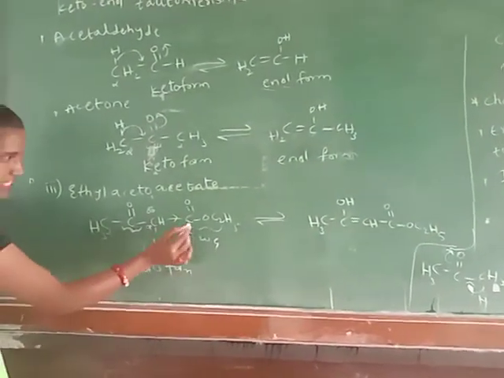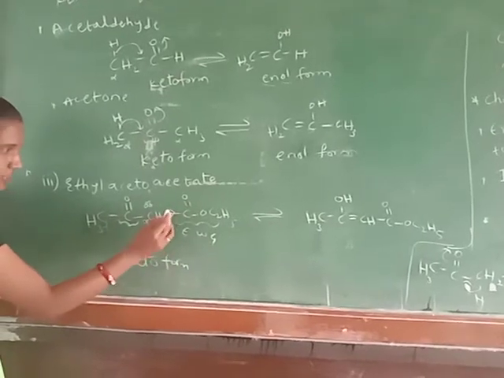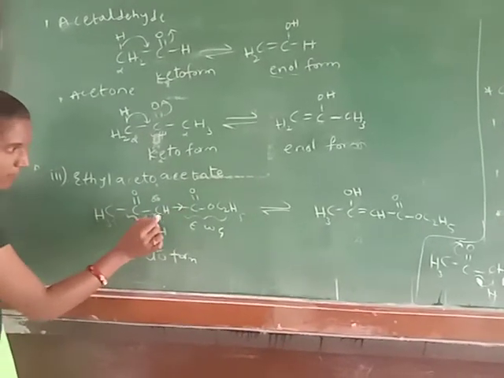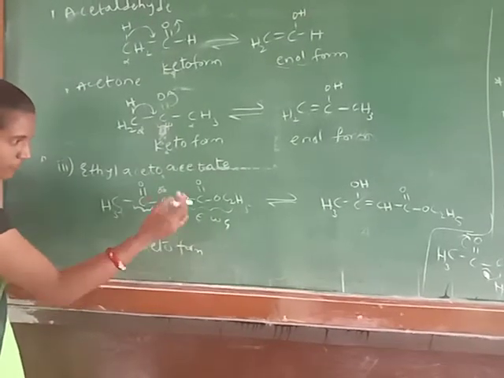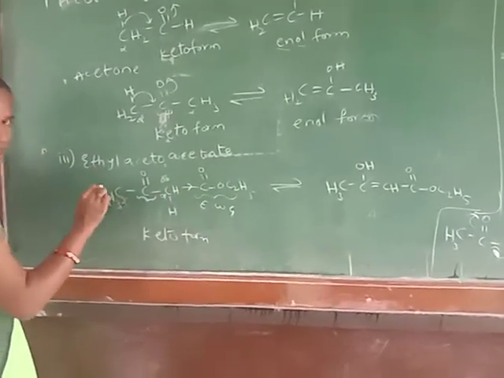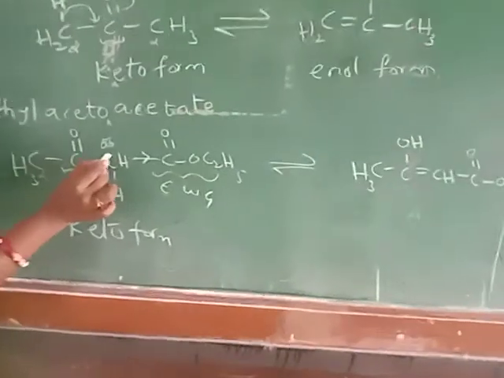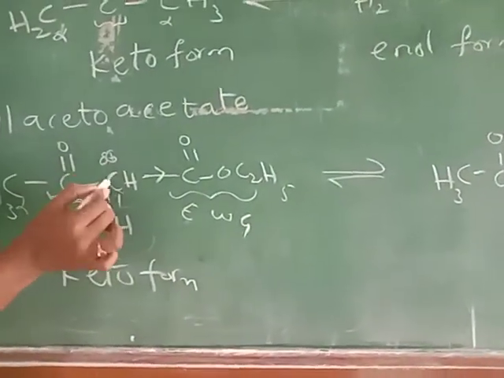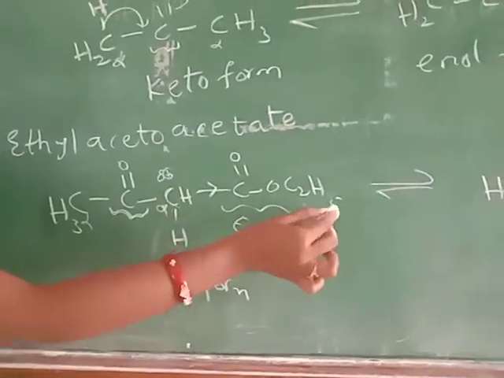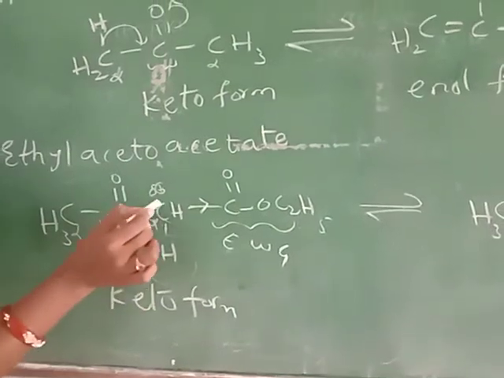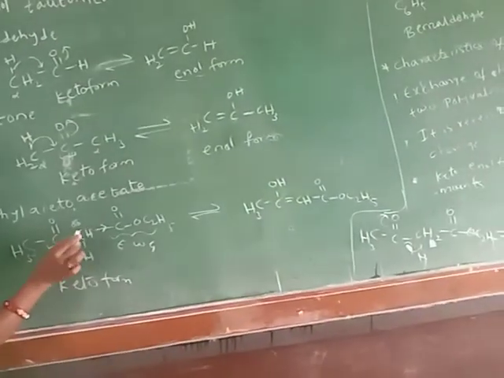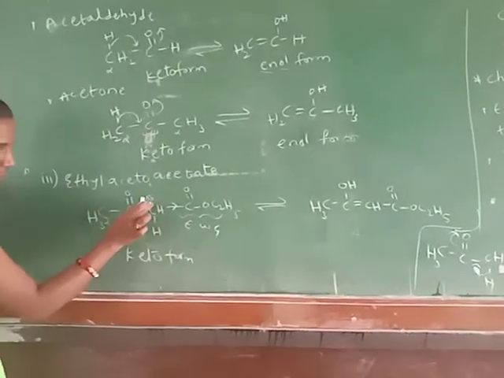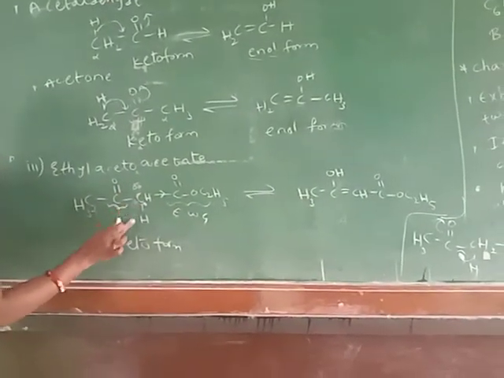So this ester group attracts the electrons through the sigma bond from the alpha carbon. The electron density on this carbon decreases because this alpha carbon is attached to an electron withdrawing group. The carbon gets a partial positive charge, and it shows acidic character.